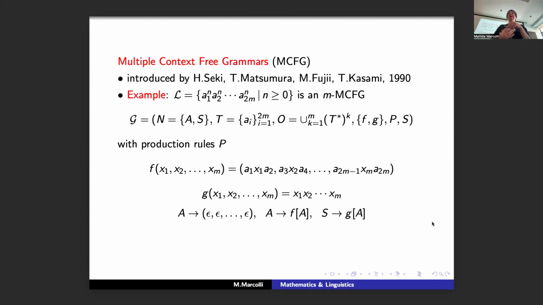So basically the idea is that you stack a bunch of context-free grammars into a vector where all the production rules act on all of them simultaneously, and then you put them back in a way that you can create these cross-serial dependencies, but without having to enlarge the class too much. So it's like having a vector of context-free grammars at the same time.